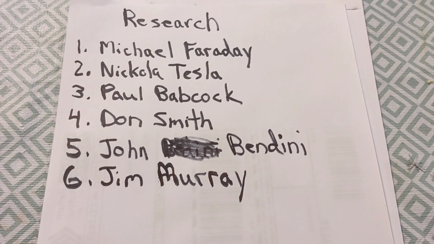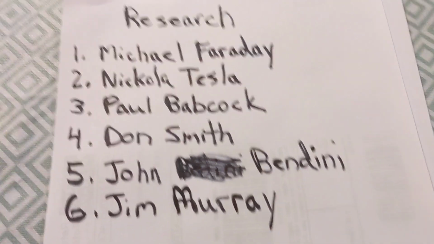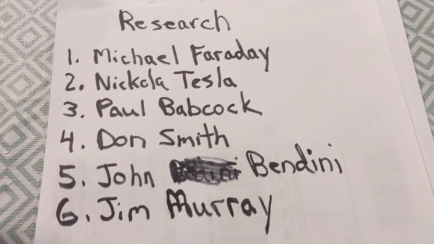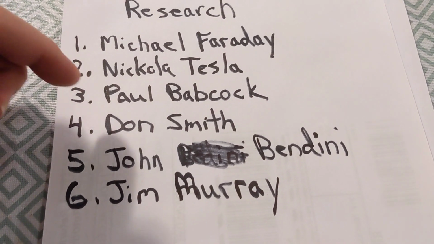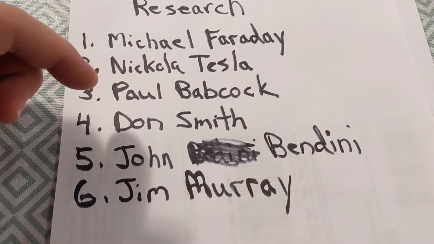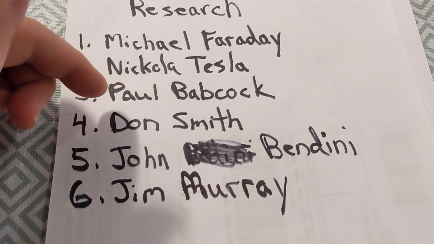So a lot of you might have researched a lot of these people already. Great, that's fine. Here's other people that are, well, Jumpandini's no longer with us, but another guy that understands magnets is this guy here, Paul Babcock.